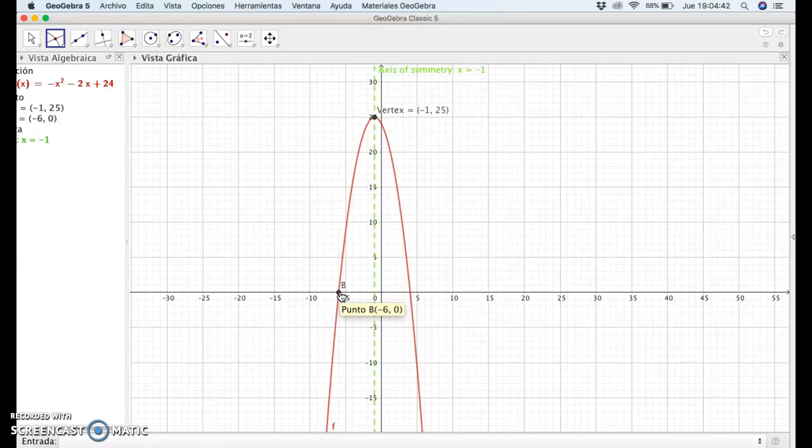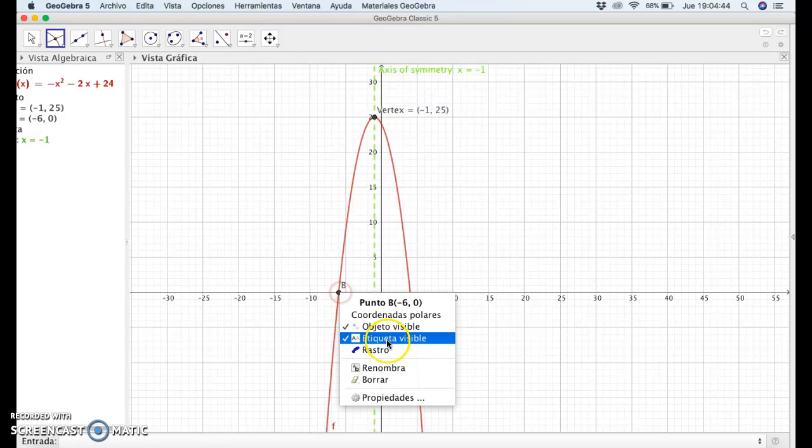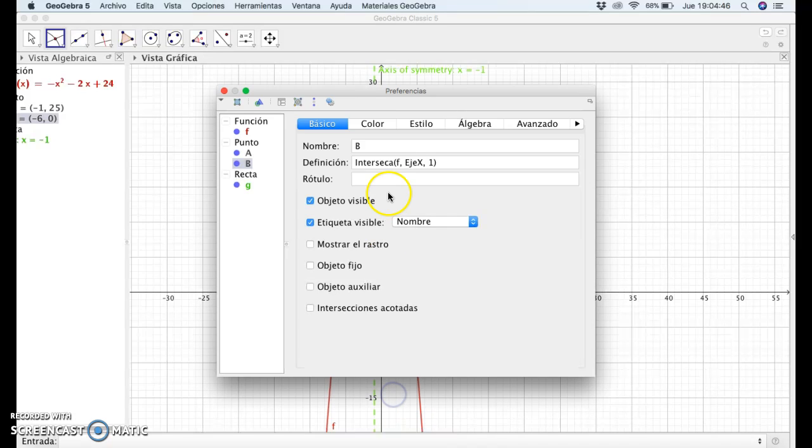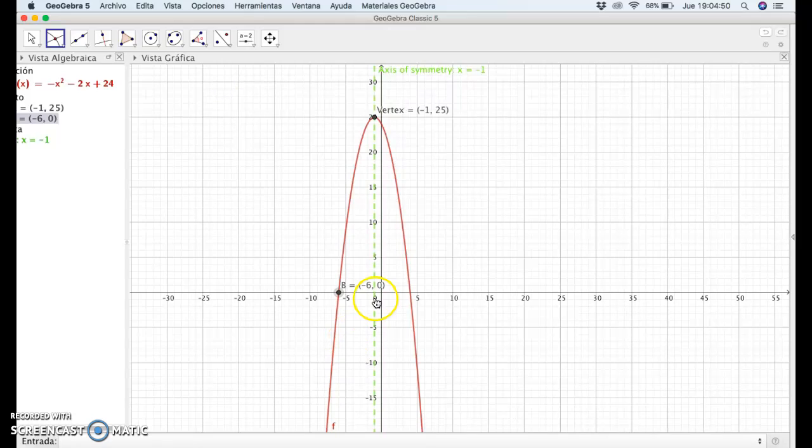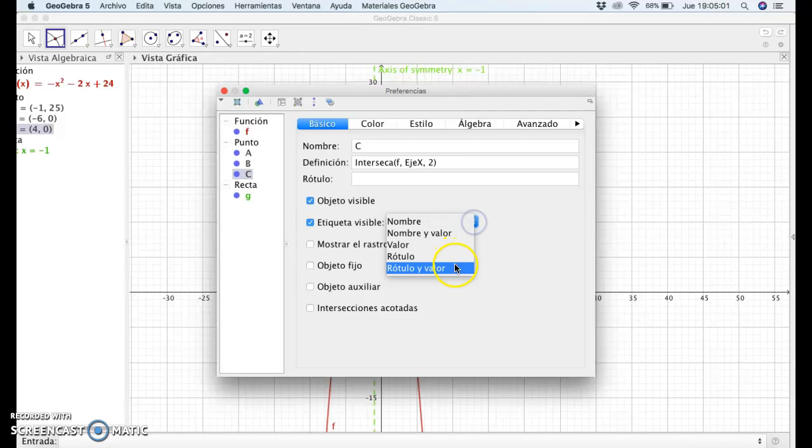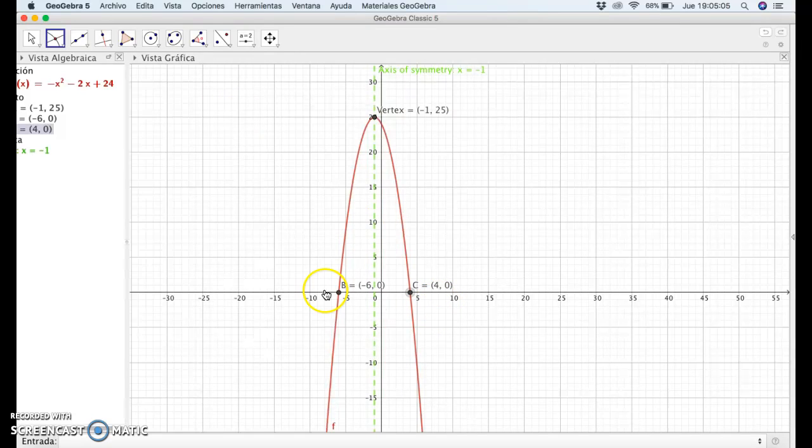Here it is marked now. But we are going to put the value so we can know the coordinates, minus 6 and 0, and in the other one right here, again the value. These two are our x-intercepts.